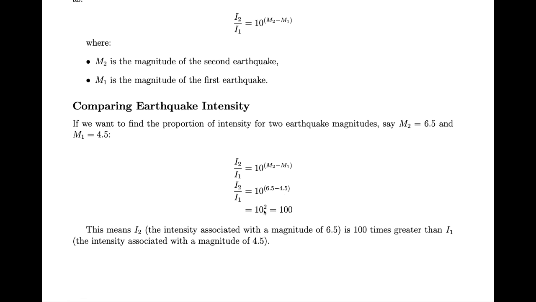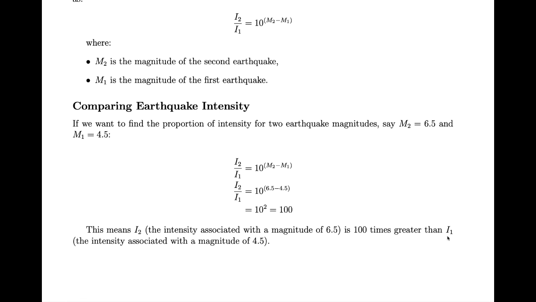And we can see then that if we raise that number on the exponent of 10, then we have 10 to the exponent 2.0, which is equal to 100. So we can say with some confidence that I2, the intensity associated with the earthquake of magnitude 6.5, is 10 squared, or 100 times greater than the earthquake 1, which the intensity was associated with magnitude 4.5.